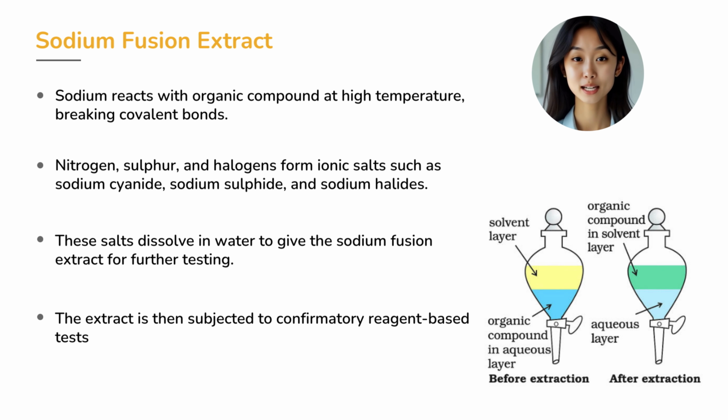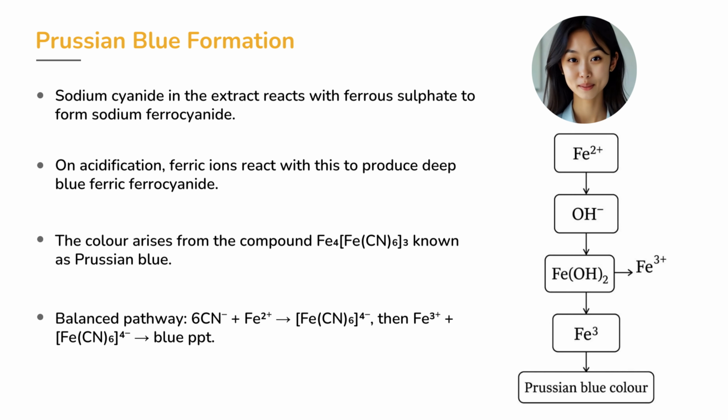This extract is like a treasure chest. Once opened, we can test each ion with suitable reagents. In essence, sodium acts as the liberator, pulling hidden atoms out of their covalent prison and turning them into testable forms.